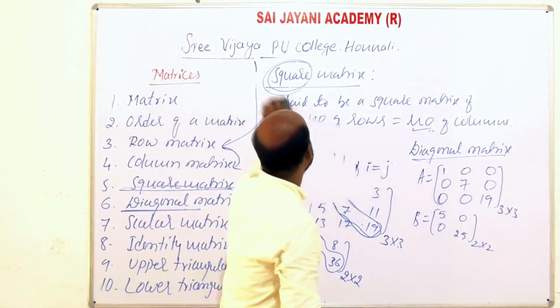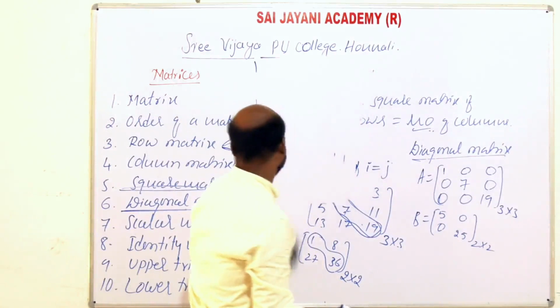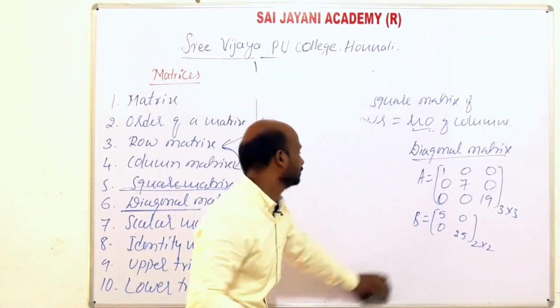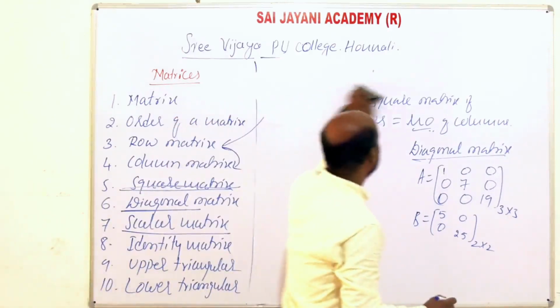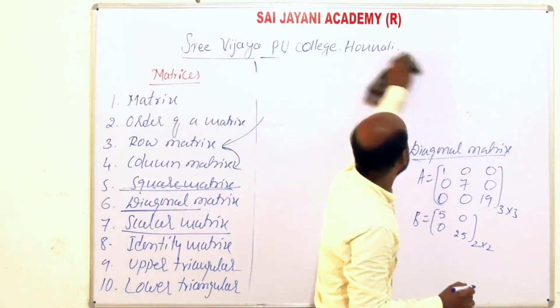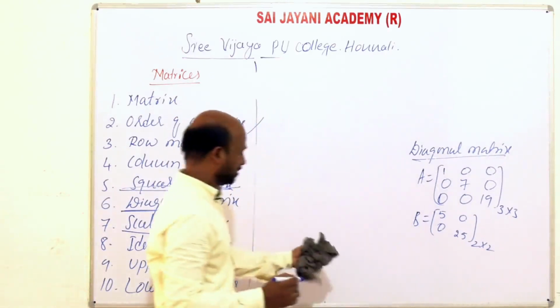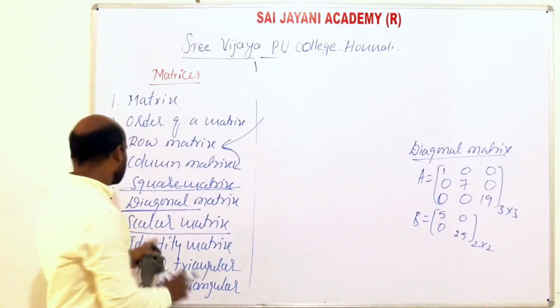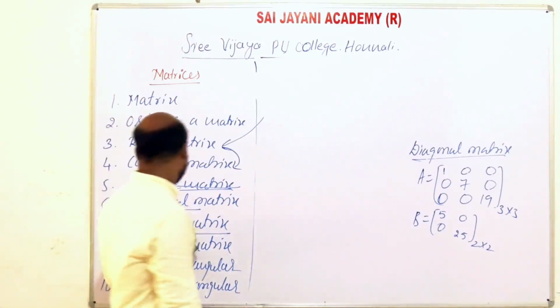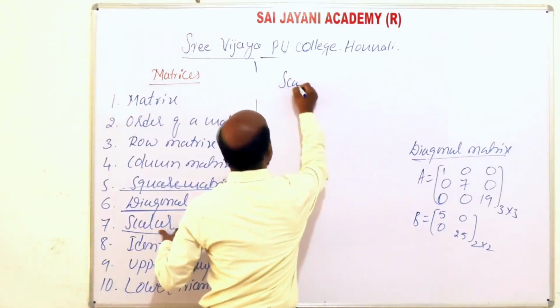So after that, next move to the scalar matrix. Again, scalar matrix is a square matrix. Scalar matrix is a diagonal matrix.